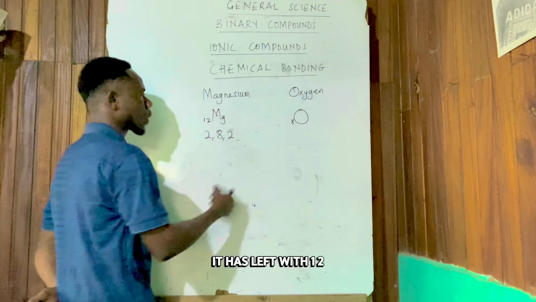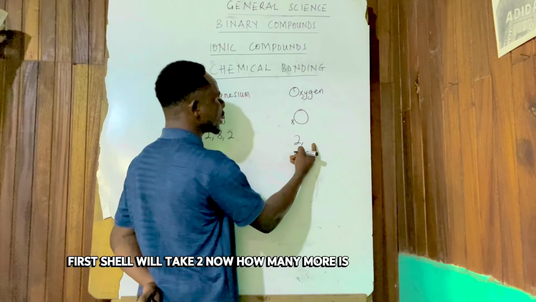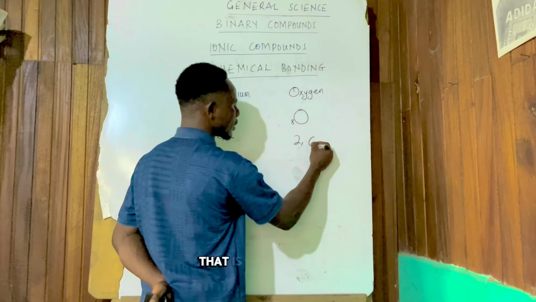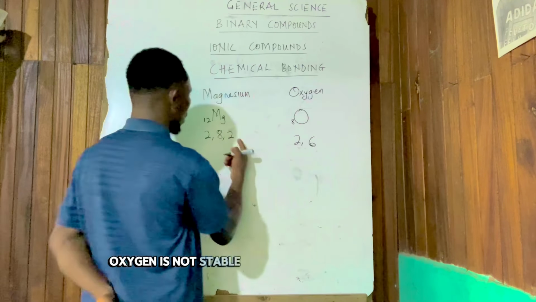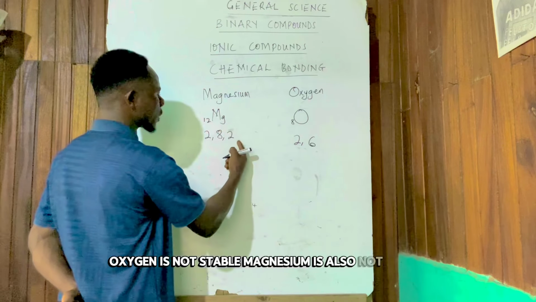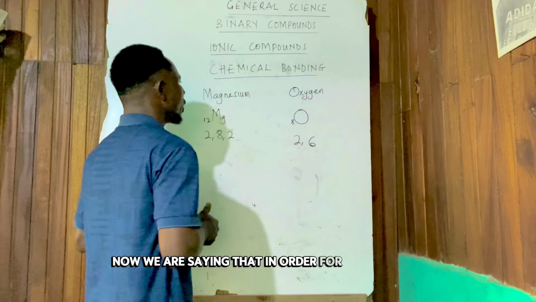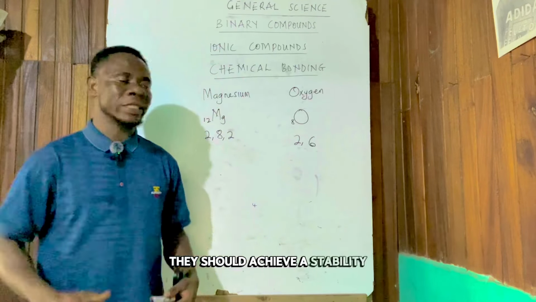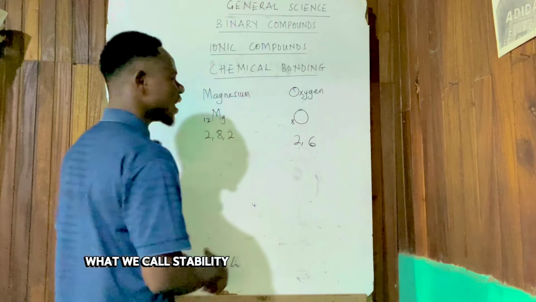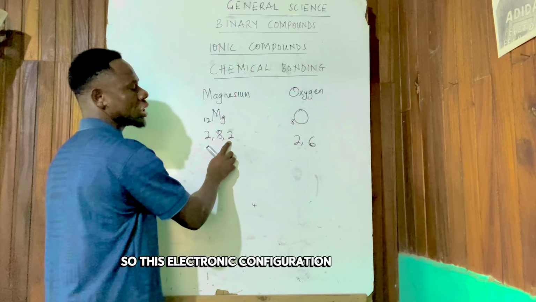For oxygen, the first shell takes 2. How many more are needed to obtain 8? That is 6. Don't forget, oxygen is not stable and magnesium is also not stable. In order for these to form, they should achieve stability, a stable electronic configuration. So this electronic configuration is not stable.